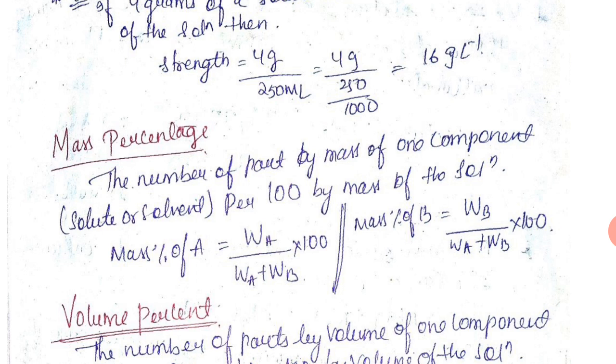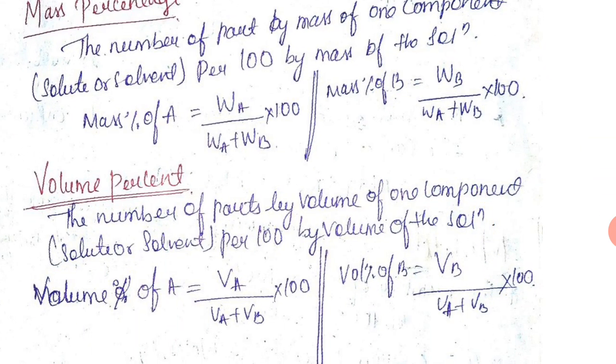So the mass percentage of A is equal to the weight of A by the weight of the total into 100. The same goes for B. Next comes volume percentage. Volume percentage is the same as mass percentage, just replace mass by volume.